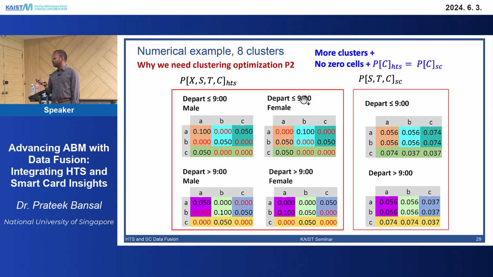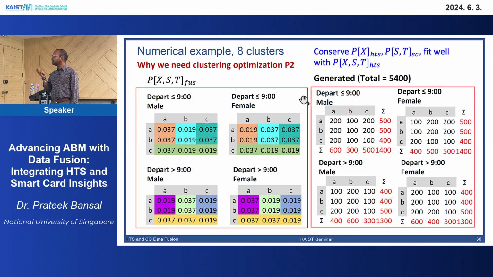And what it does, as I've been telling, is hard to see here, but the Y is not here because we don't have Y in this problem. We are going closer to X HTS. We are maintaining our distribution of S and T in the smart card data, and we are also trying to maintain the minimum distance with the X, S and T that we observed in the HTS data.